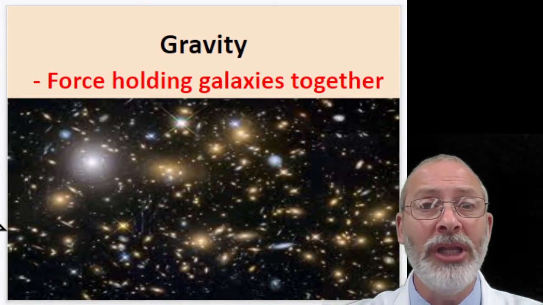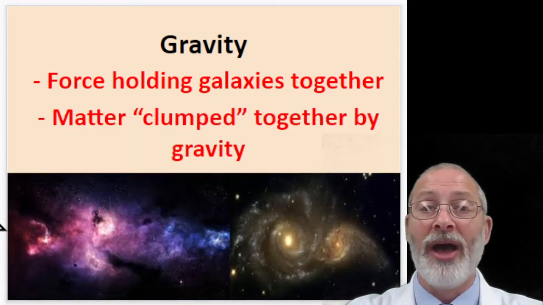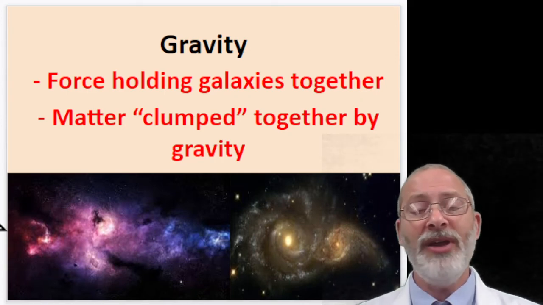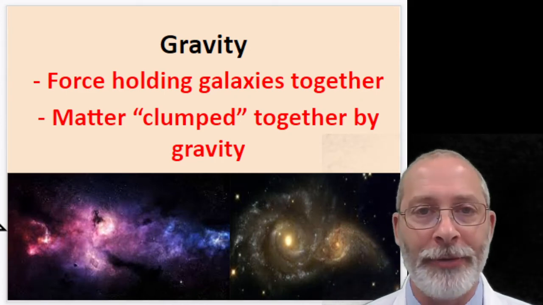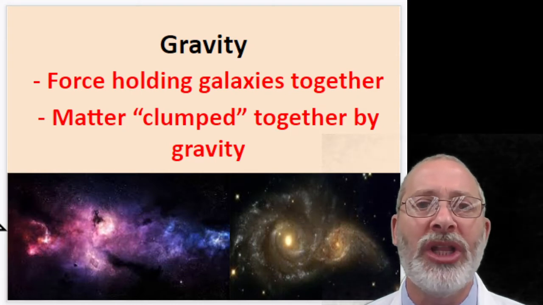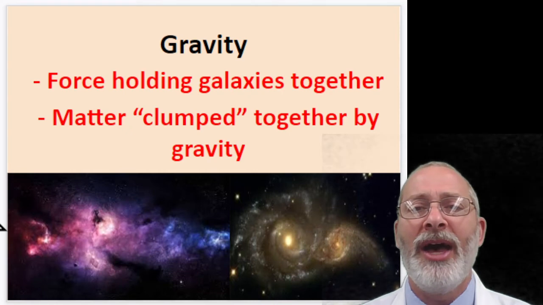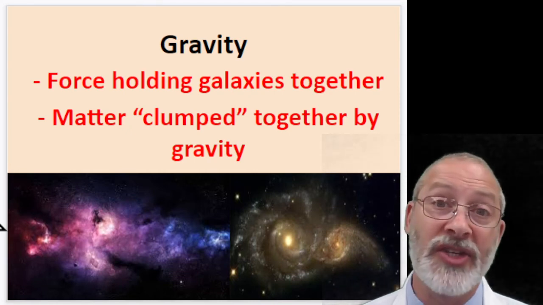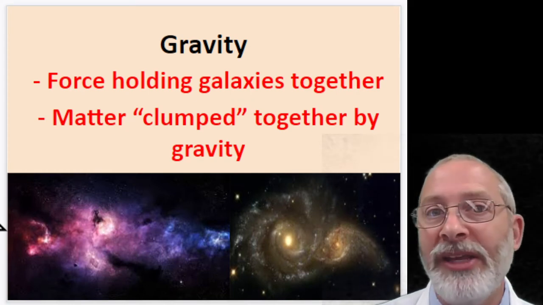Now, what really causes gravity? Well, it really is very interesting. Matter. The matter in the universe, when it begins to clump together, it clumps together due to gravity. And the more matter that is clumped together, the more gravity there is.